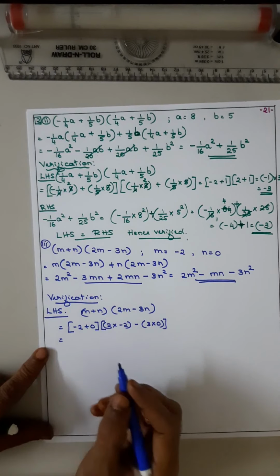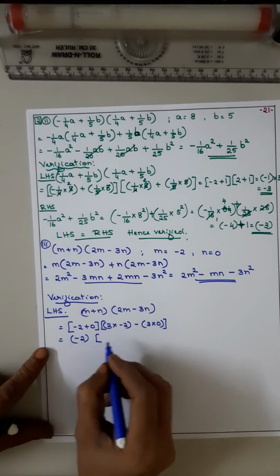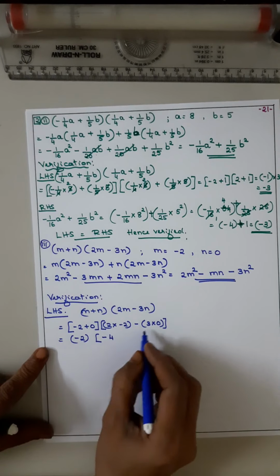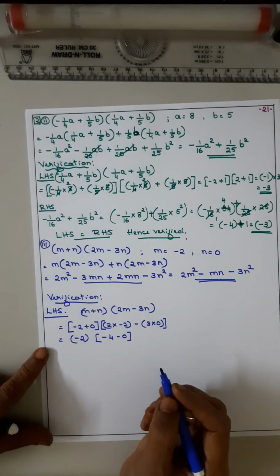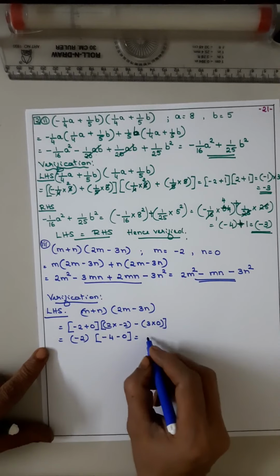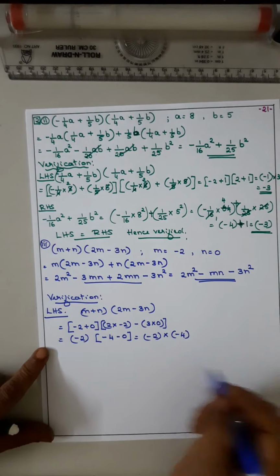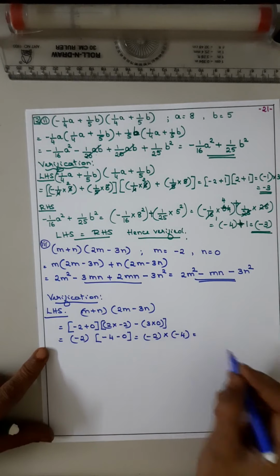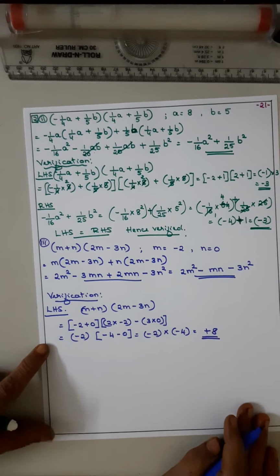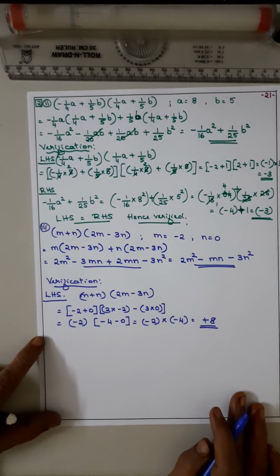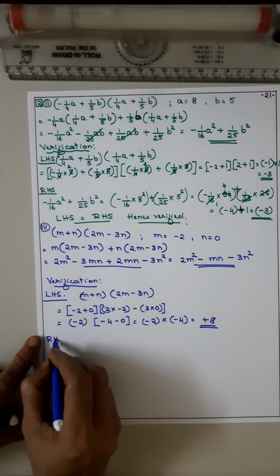Okay, now here it will be minus 2 and here minus 4 and here it is minus 0. 3 zeros are 0. So you got minus 2 into minus 4, isn't it? Is equal to minus minus becomes plus, 2 4s are 8. Clear? Okay, now coming to RHS.